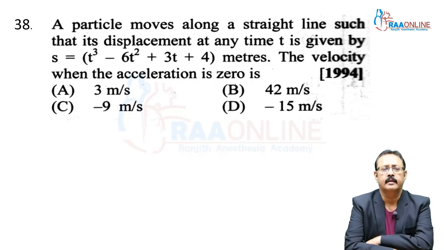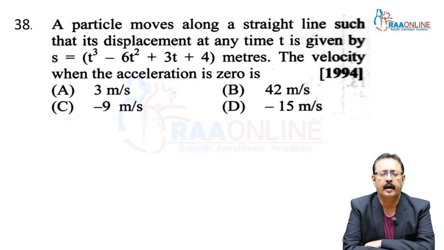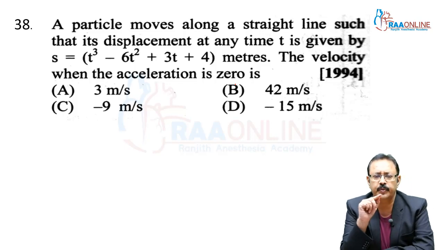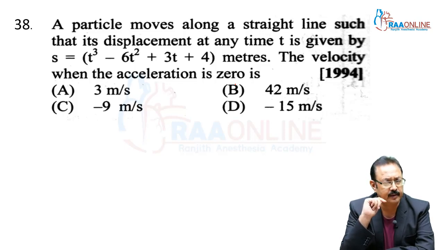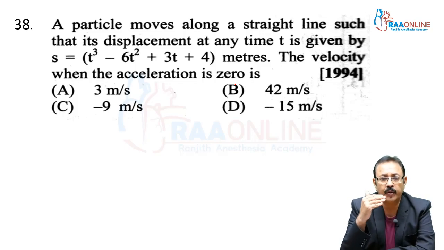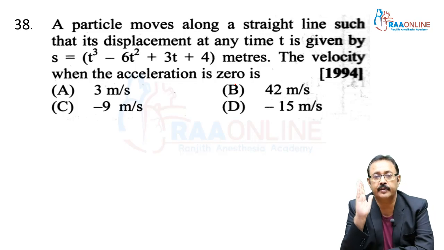Next, 38. A particle moves along a straight line such that its displacement at any time t is given by s equals t cube minus 6t square. The velocity when the acceleration is 0 is, first we have to go for velocity, but we want to calculate velocity when acceleration was 0.